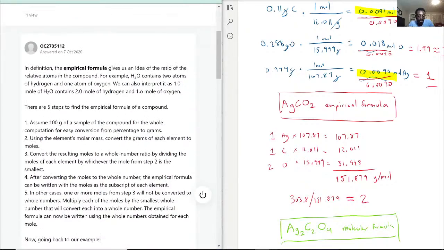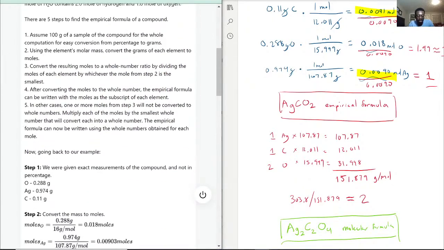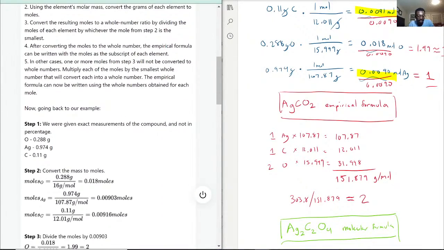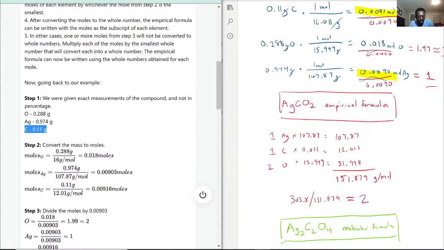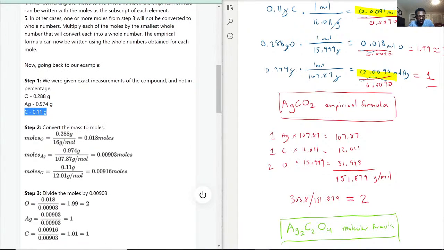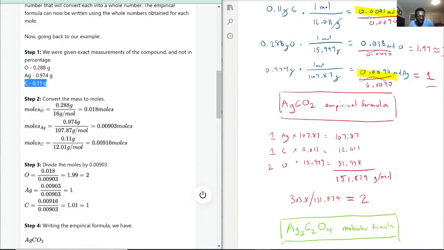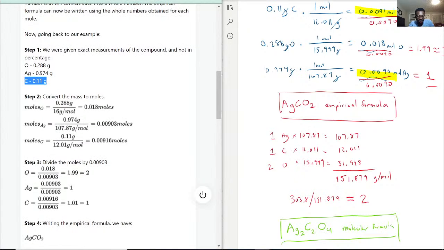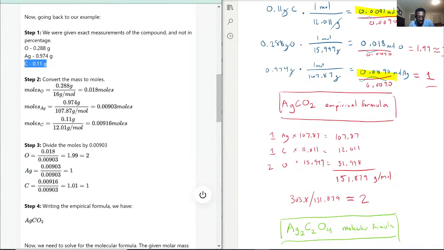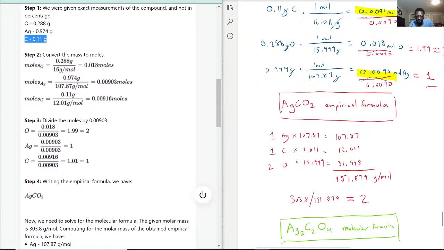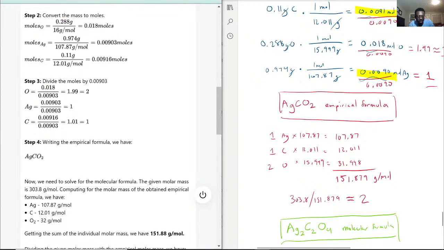So with that, let's see, step 1, you're given that they found carbon, which is good, that is correct. They found each moles, okay, and they divided by each other and they rounded. Yep, 2, 1, 1, good. So it's AgCO2, perfect for the empirical formula.